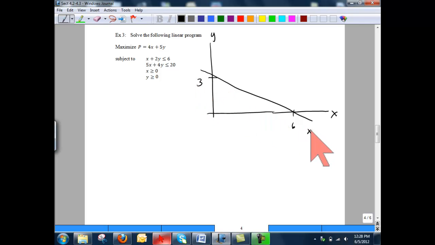This is the line x plus 2y less than or equal to 6. If I look at the other line, 5x plus 4y equals 20, the x-intercept is going to be 4 and the y-intercept is going to be 5.